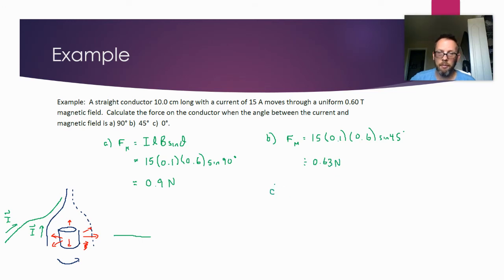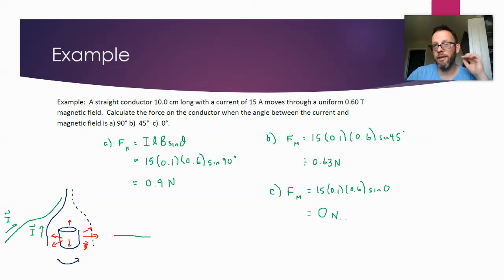And finally, if it's horizontal and the angle is 0, 15 times 0.1 times 0.6, but the sine of 0 is 0, and actually that conductor would not experience a force.